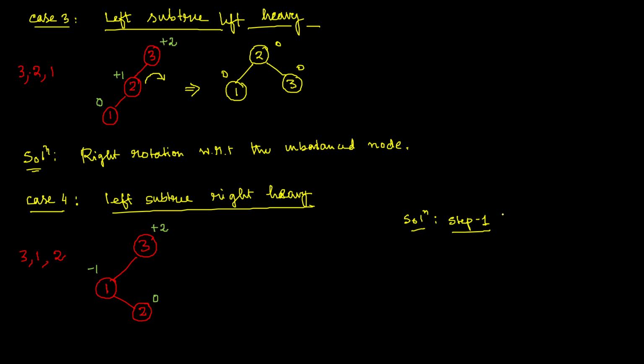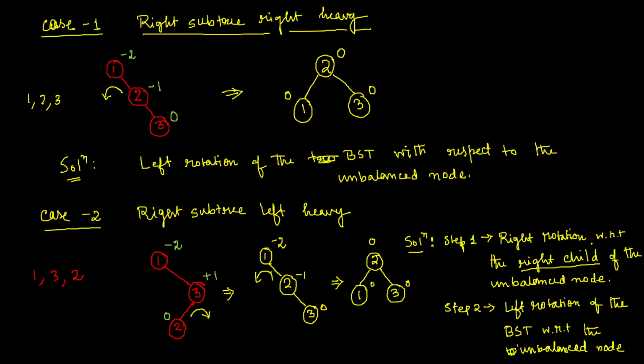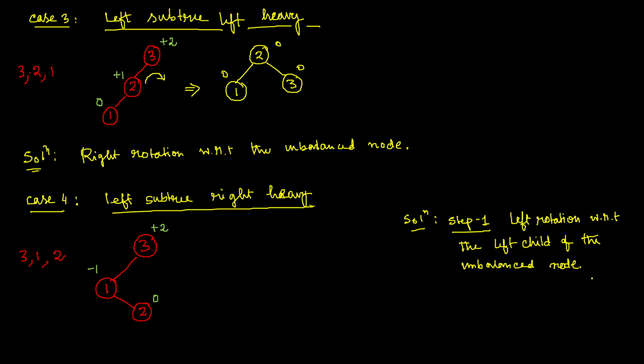Step 1 is left rotation with respect to the left child of the unbalanced node. Just as we have seen right rotation with respect to the right child of the unbalanced node, similarly, as a mirror image, left rotation with respect to the left child of the unbalanced node.